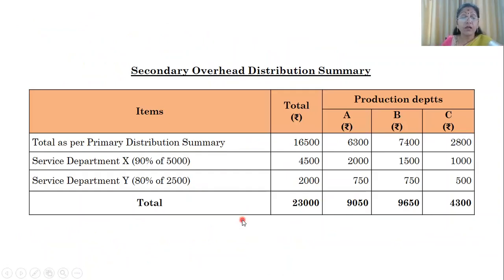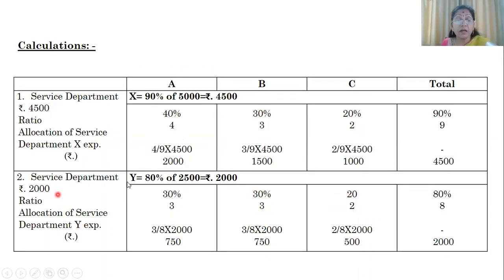We have to take 80% of the Y value, 2,500. 80% of 2,500 is 2,000. Service department Y, 80% of 2,500, we will get 2,000. Find out the ratio or put it in percentage. No issue.